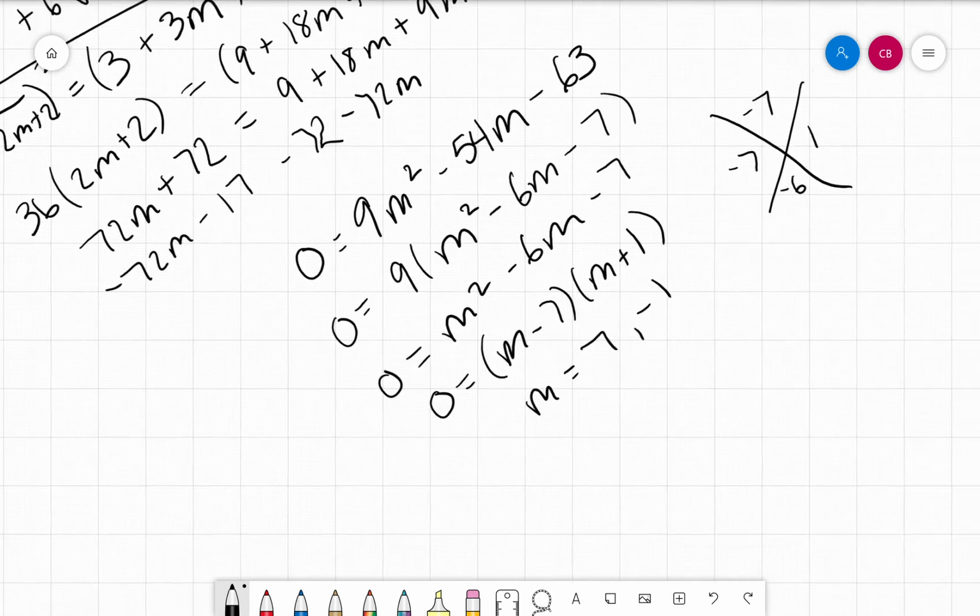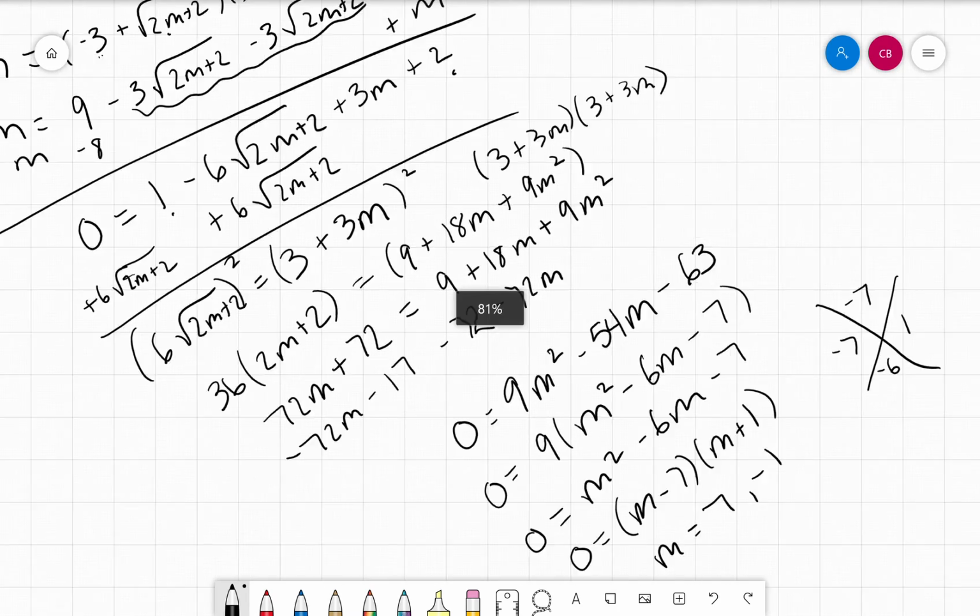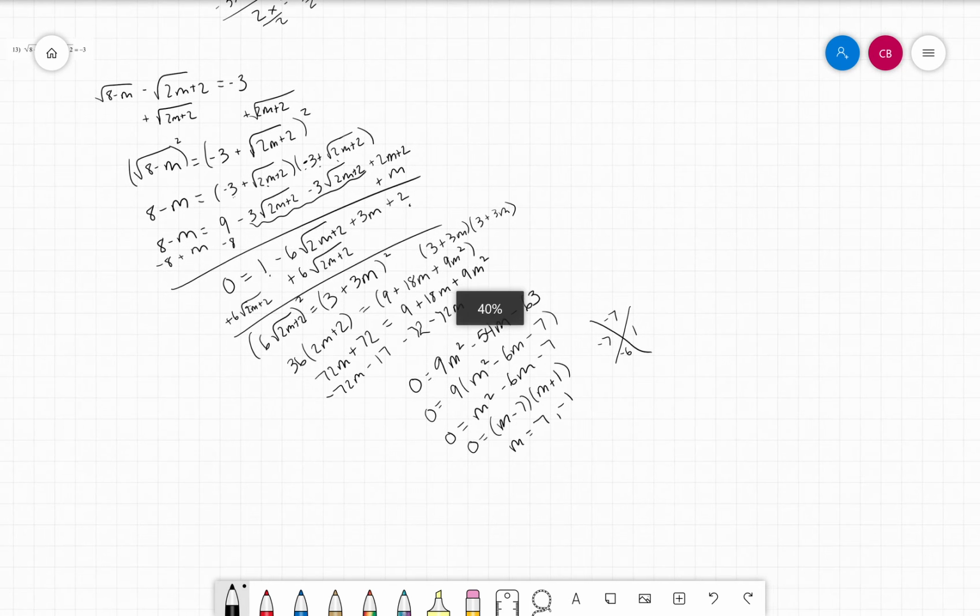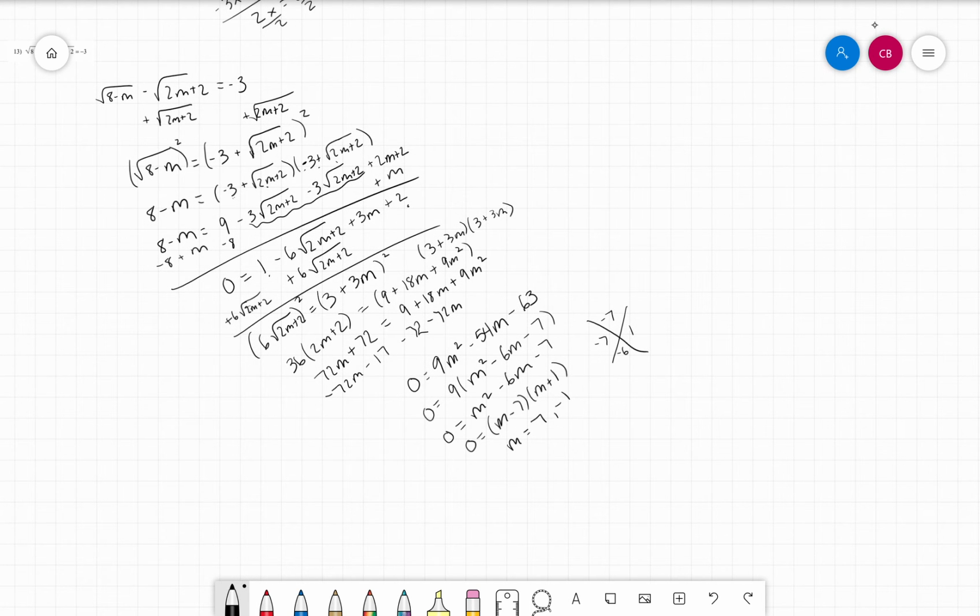Now we have to check those answers. So we go all the way back to the beginning. We had the original. So these are our possible solutions. And then we plug those in. So we'll try m equals 7.